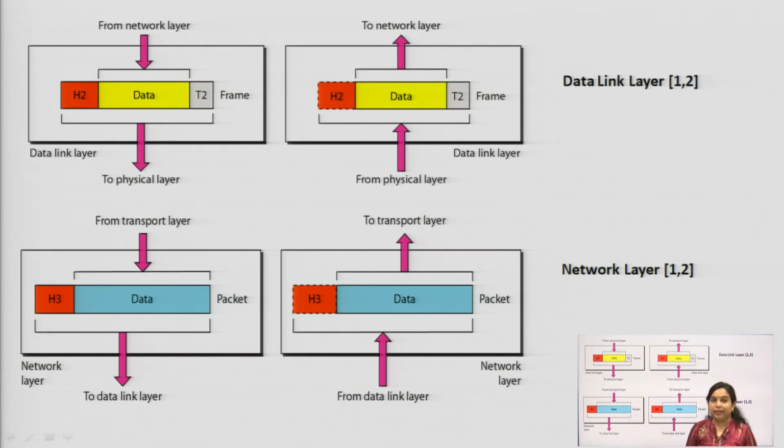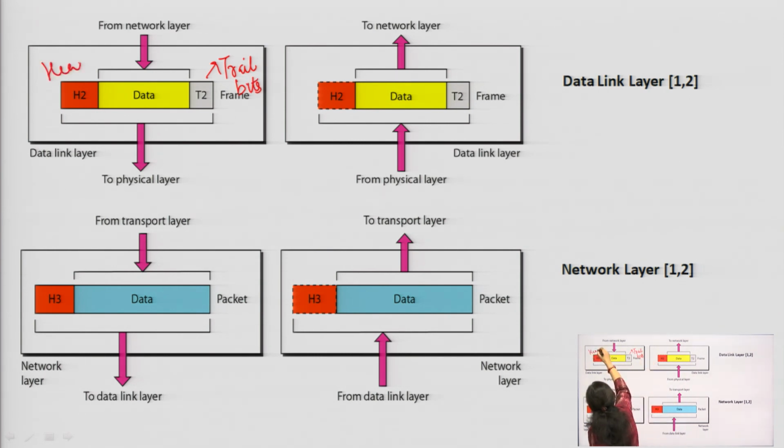Next is the data link layer, that is the second layer. In case of this data link layer, the data will be received from the network layer. You can see that this is the trail bits, this is the header, because it is related to the second layer. So, it is denoted by H2 and this is denoted by T2. Same header and trail bits has to be used at the receiver side.